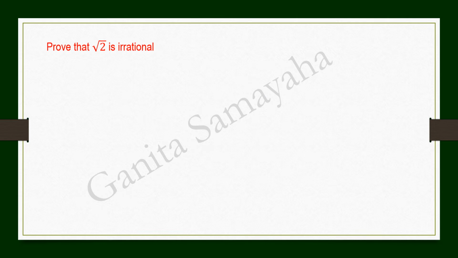We have to prove that root 2 is irrational. That means what? Root 2 cannot be expressed in the form P by Q. So we are going to use the method of contradiction. So what are we going to assume? We are going to assume that root 2 is rational. Just as the child assumed that the picture shown is an elephant and then started seeing if the characteristics of an elephant are present in that, so also we are going to assume that root 2 is rational.